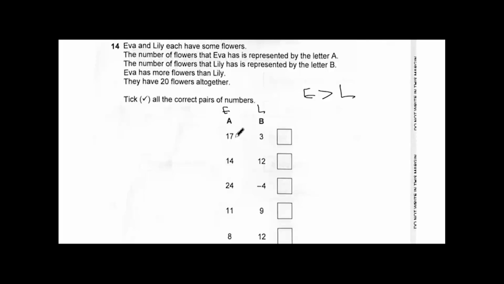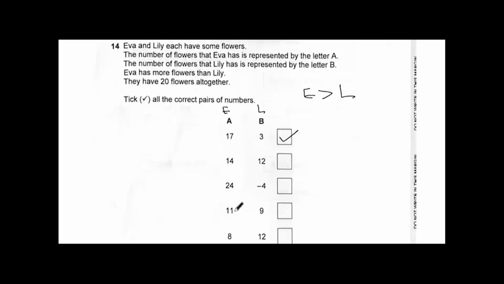So here 17 plus 3 will be 20, and Eva has more than Lily, so we can tick this one, it is correct. 14 and 12 add up to 22, which is more than 20, so we can't pick this. Then the next one, 24 and minus 4: if you add them together you get 20, but there is no way Lily can have a negative number, so we'll leave this.